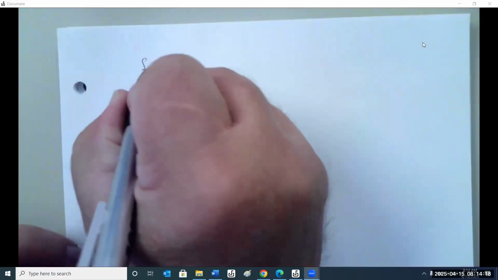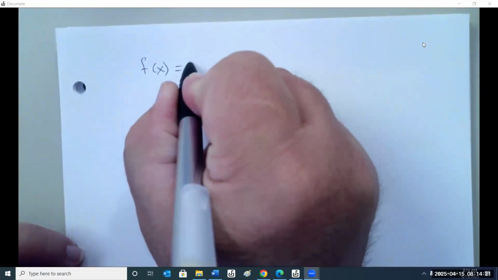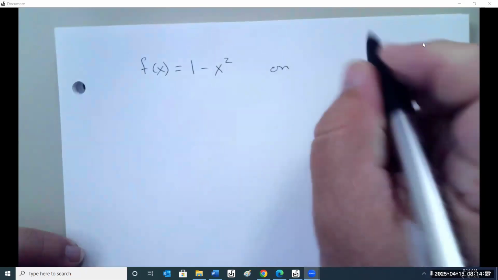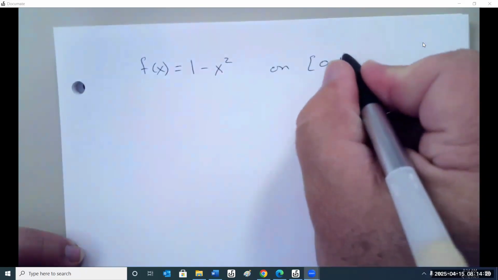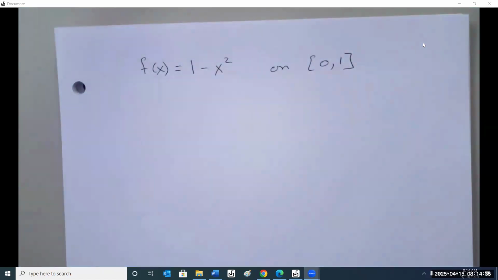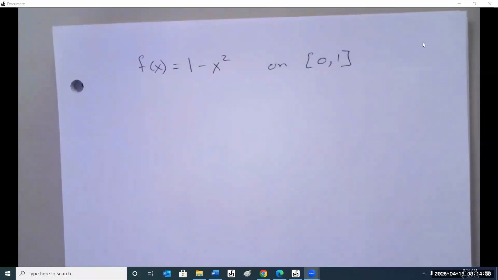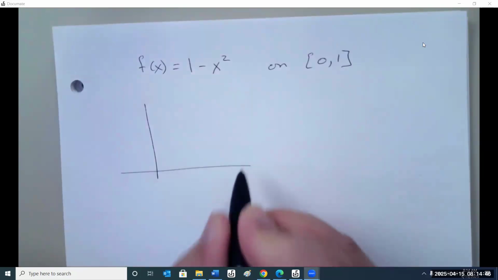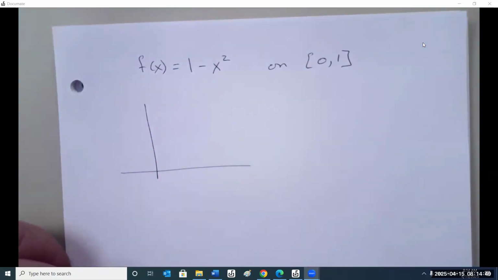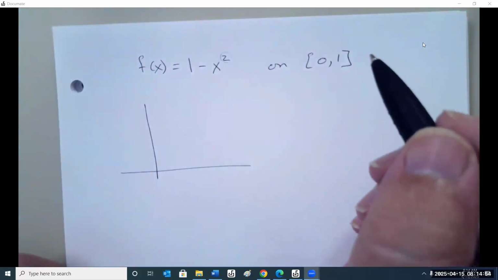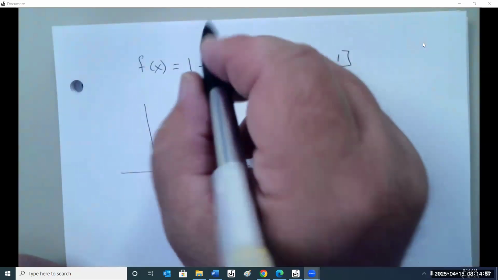What if our function was 1 minus x squared on the interval 0, 1? What does that graph look like? Go back to algebra. What kind of function is it? It's quadratic. What does a quadratic look like? Yeah, it's a curve.